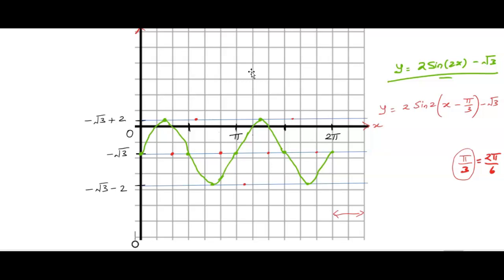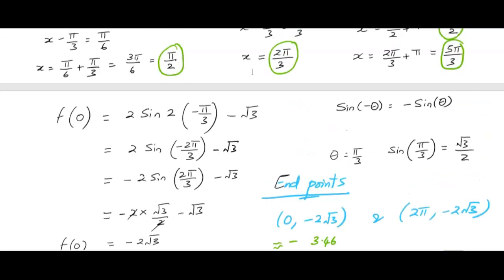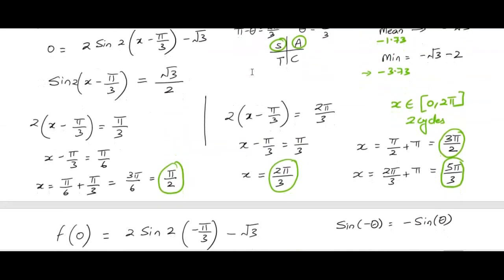Now, if I go ahead and quickly mark my x-intercepts, my x-intercepts were in the order pi on 2, 2 pi on 3, 3 pi on 2, and 5 pi on 3. So let's just quickly write that down.